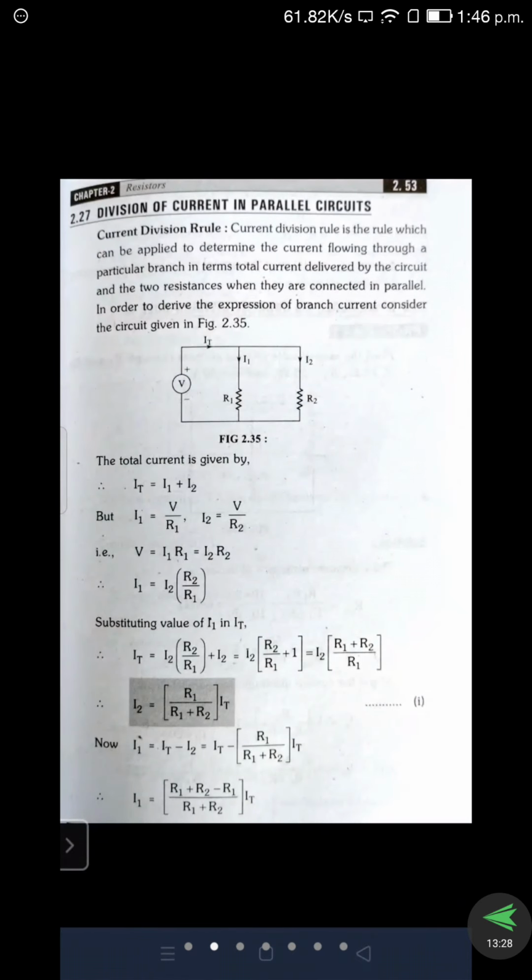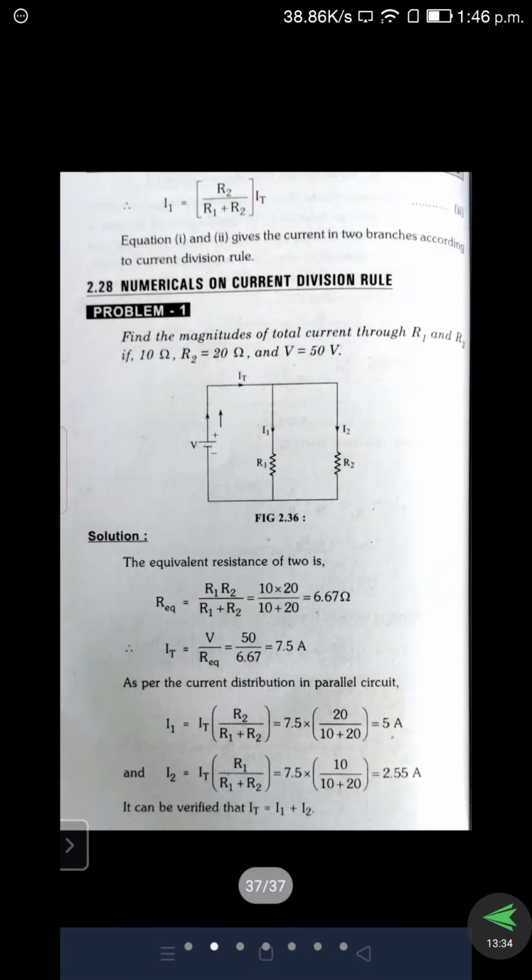To determine the current in a single branch, this is the formula we are using: the total current into the opposite resistance by the total resistance. This is for the current. For voltage, we take the formula as V1 is equal to V total into the same resistance by total resistance.